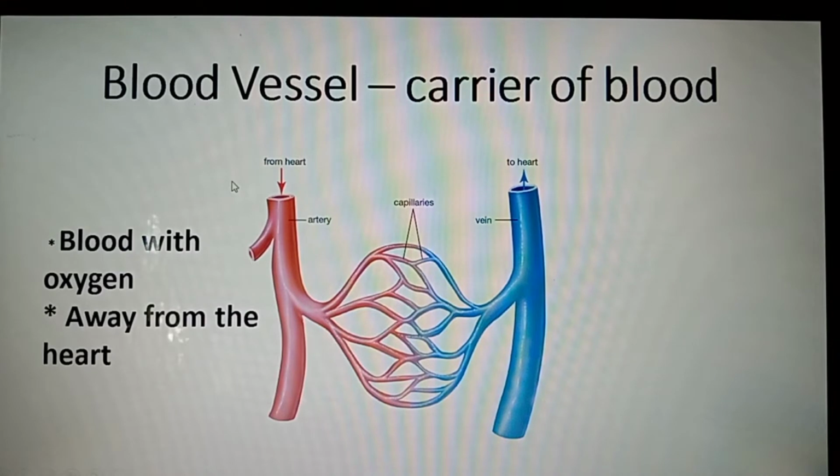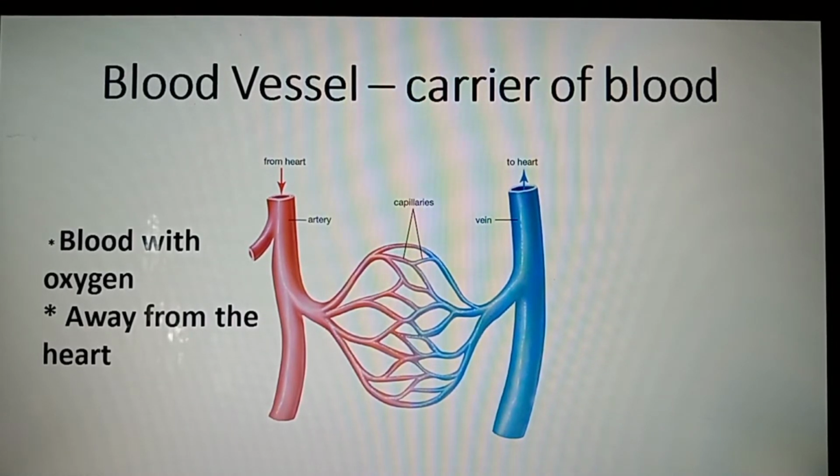We have the artery here. Artery. It carries blood with oxygen and ang direction nito palagi ng galaw niya is away from the heart. Take note, grade 6, letter A, artery, away.